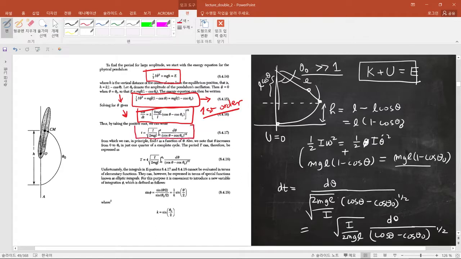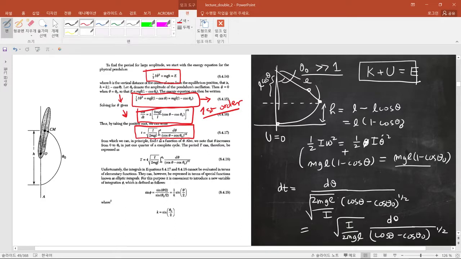So our main concern is how the period changes compared to the small oscillation. Here the period should be given by 4 times the integral from 0 to theta 0.